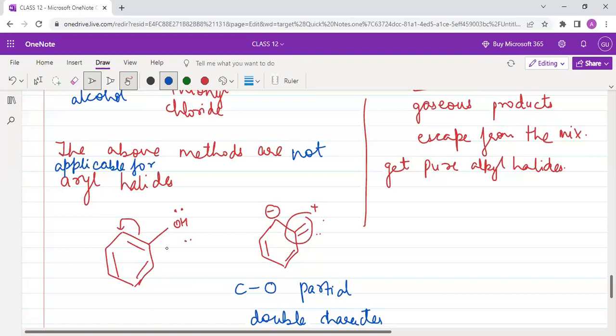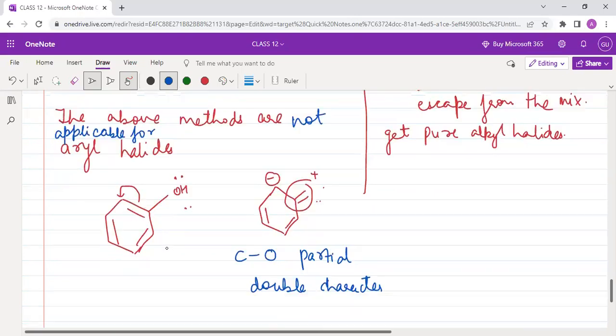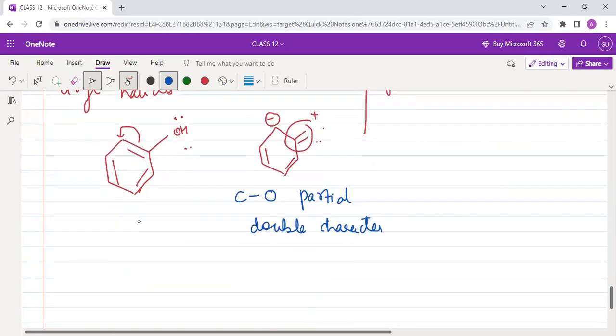So these methods are not applicable for the preparation of haloarenes or aryl halides because in phenol, the carbon-oxygen bond has partial double bond character, which is difficult to break.